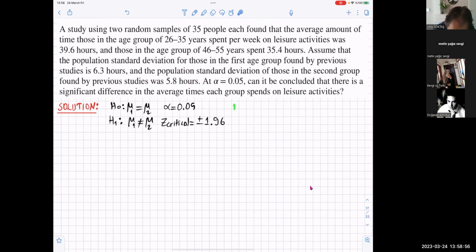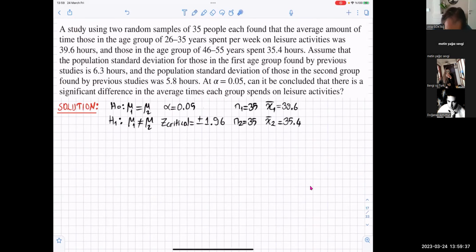The sample sizes, N1 is 35, and N2 is also 35. And X1 bar is also given. The mean leisure time spent by the first group, the age group of 26 to 35, is 39.6 hours, and X2 bar is 35.4 hours.